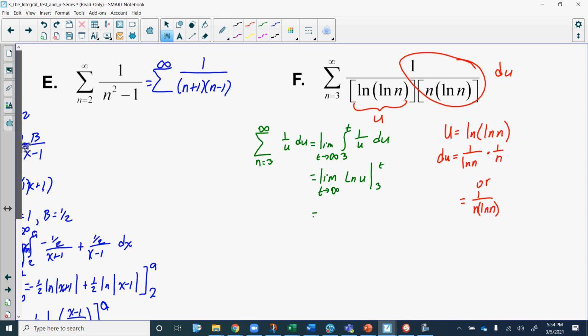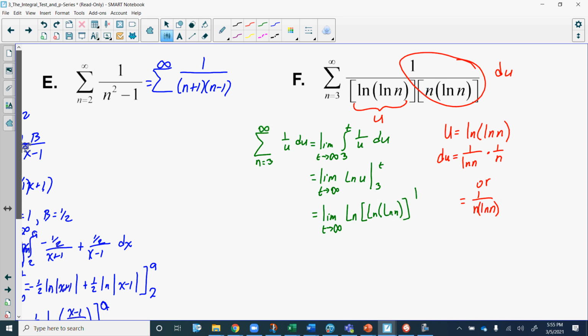So at this point, let's go ahead and put our u value back. We have our limit as t goes to infinity. So I have the natural log, and for u, we're going to put the natural log of n, or natural log times natural log of n.